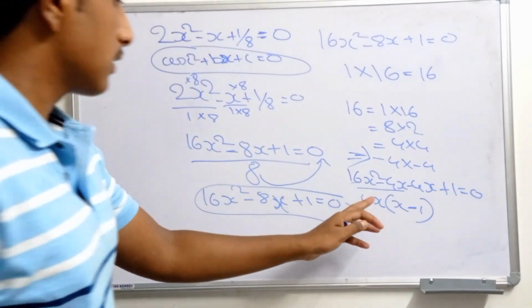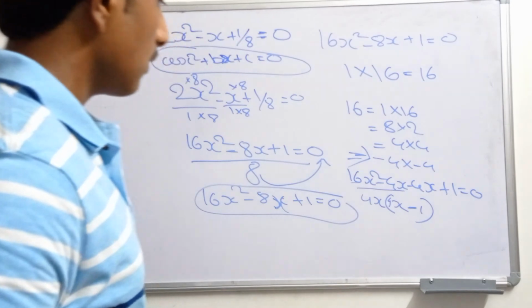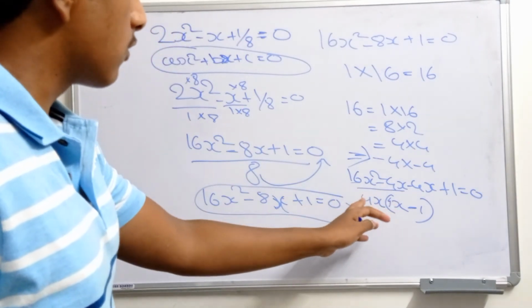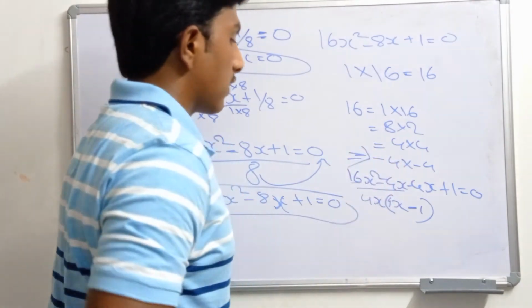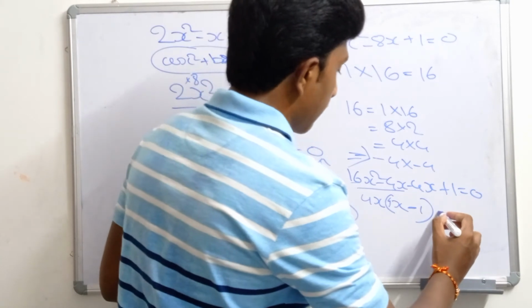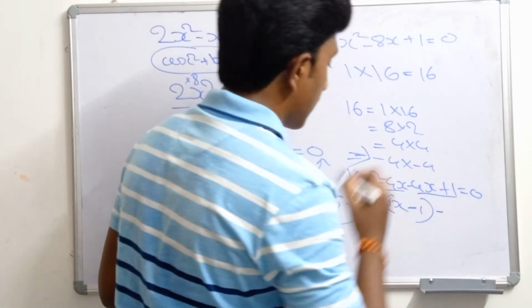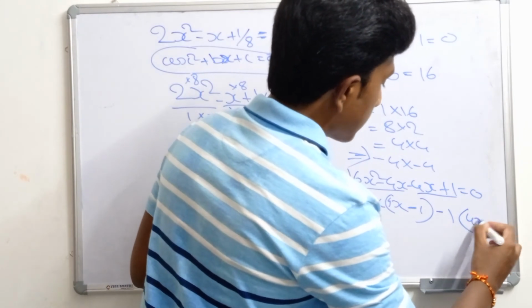4x into 4x is equal to 4 fours are 16, that is 16x square. 4x into minus 1 is equal to minus 4x. Again, in the second part, we take minus 1 as common, with 4x the same.